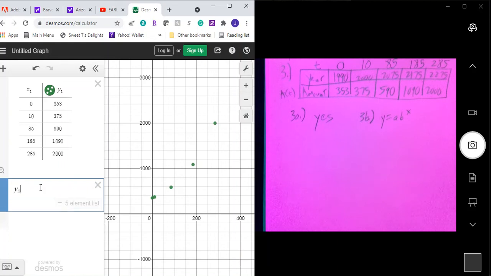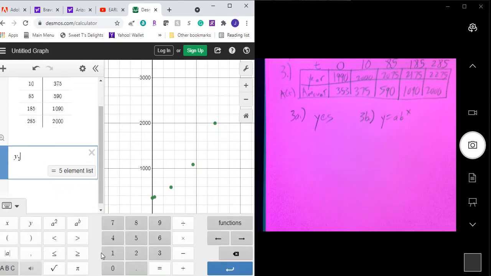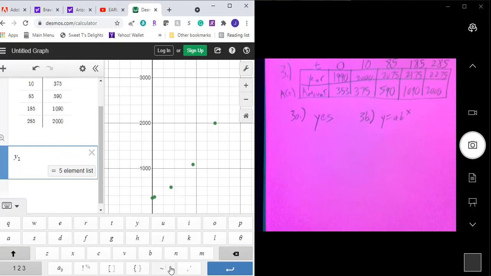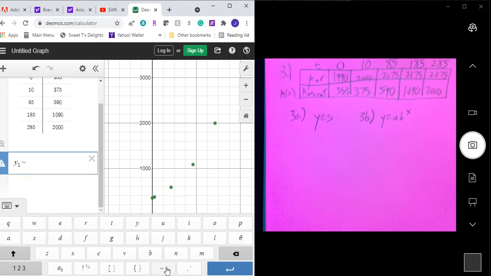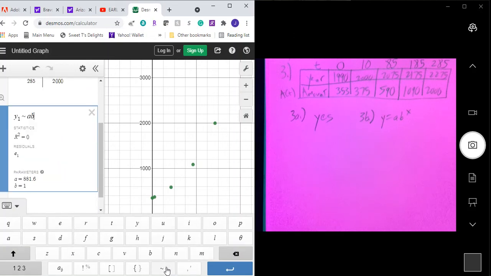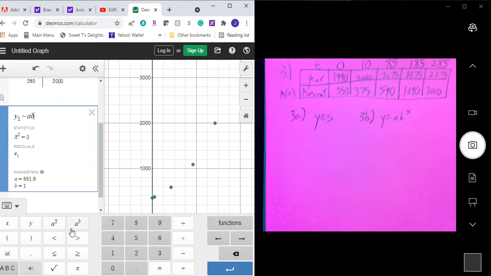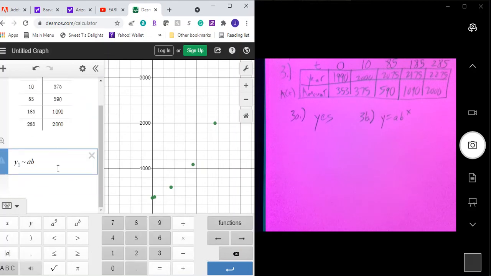So we will have y1, because our y values are in y1. We will go to the keyboard, to the ABC, and hit the tilde, and we'll do a b, and then we'll hit the power and take that to the x1 power.